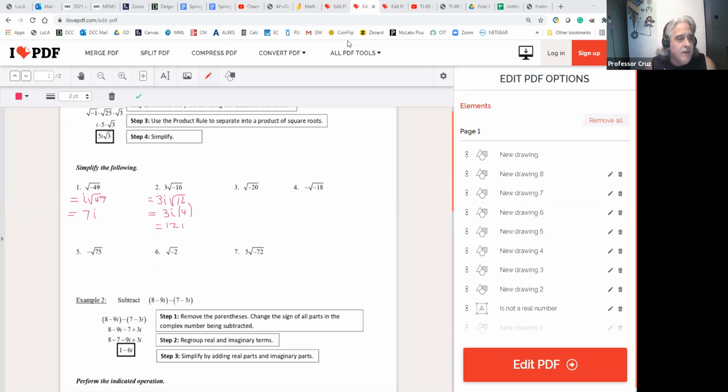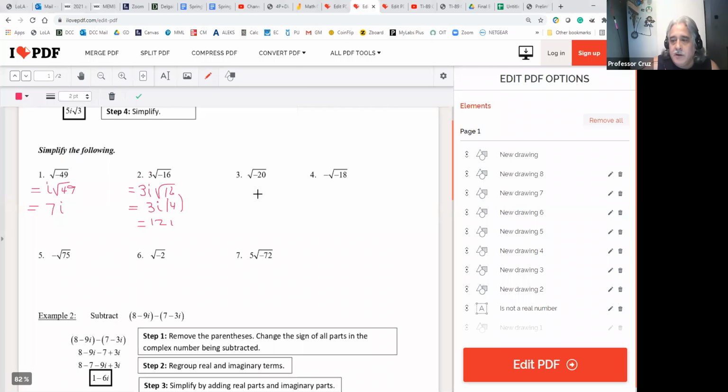So everything in this section is exactly the same except for 2 things. If you got a negative sign inside of a square root, then you bring out the i to fix it. The negative sign comes out in front as an i. And then everything from there on is exactly what we've been doing. So look at number 3.